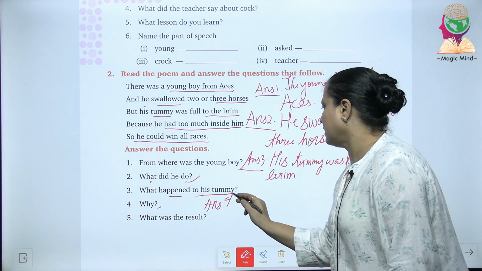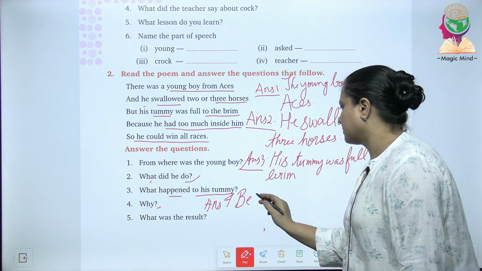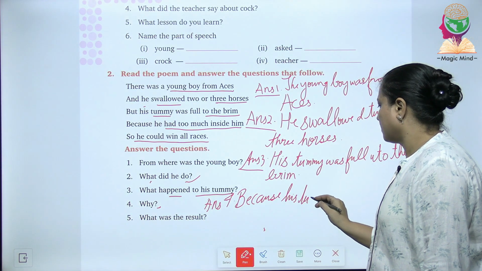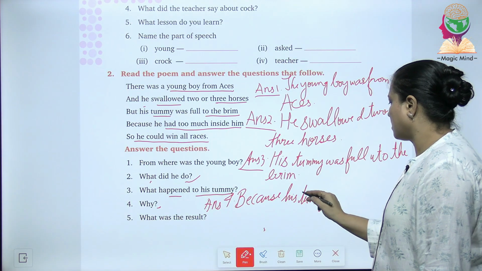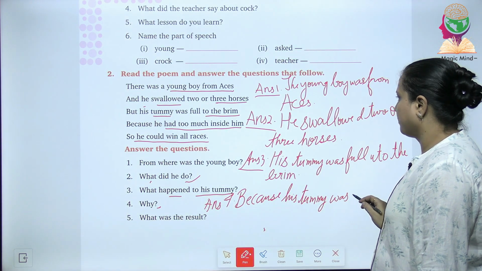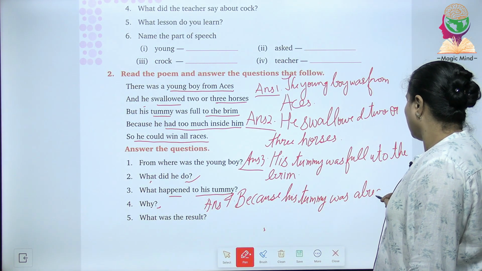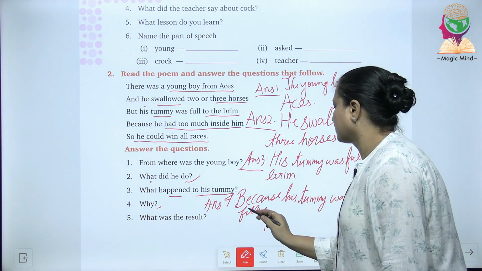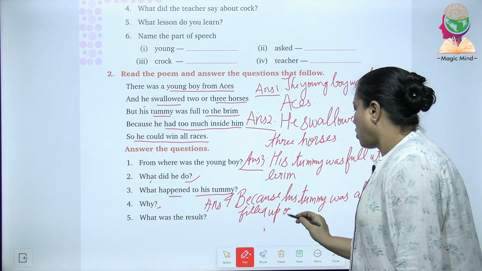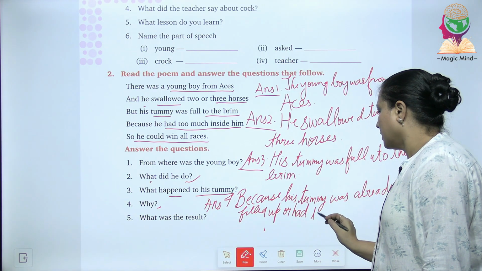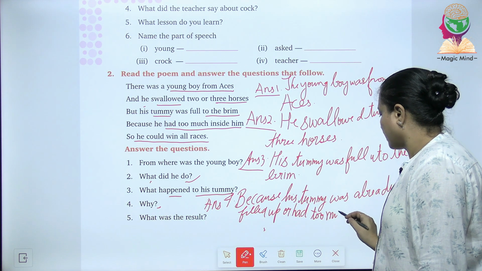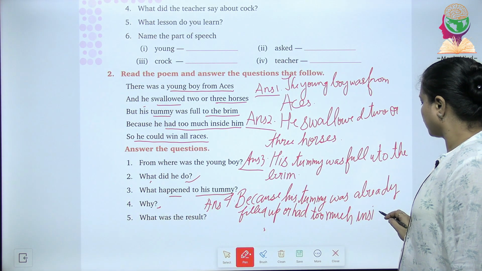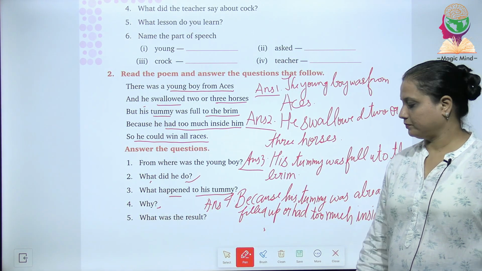So we will begin with because his tummy was already filled up or had too much inside, and a full stop.